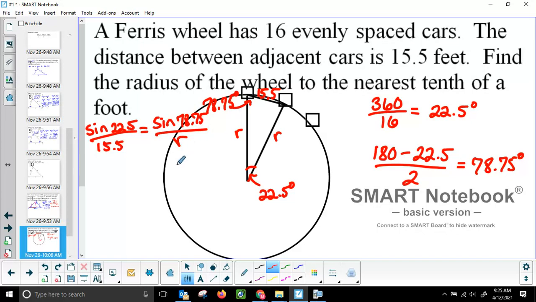Cross multiply and divide by the sine of 22.5, so r equals 15.5 times the sine of 78.75 degrees divided by the sine of 22.5 degrees.